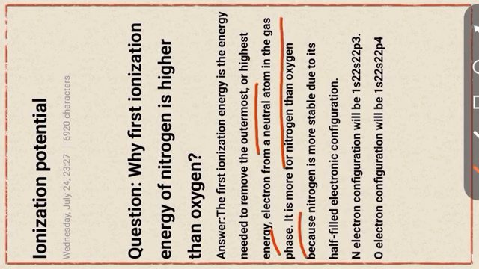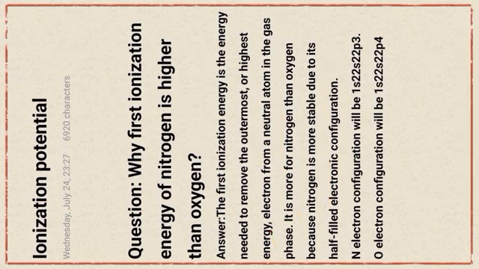It is more for nitrogen than oxygen because nitrogen is more stable due to its half-filled electronic configuration. Nitrogen's configuration is 1s2 2s2 2p3, so the p subshell is half filled, which is more stable.